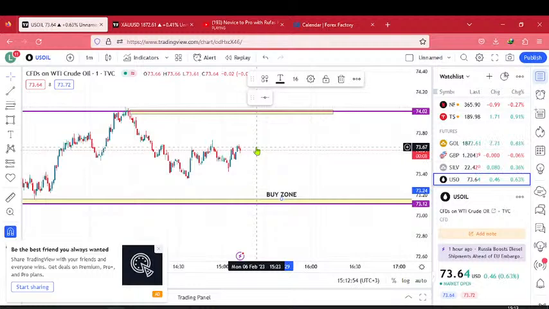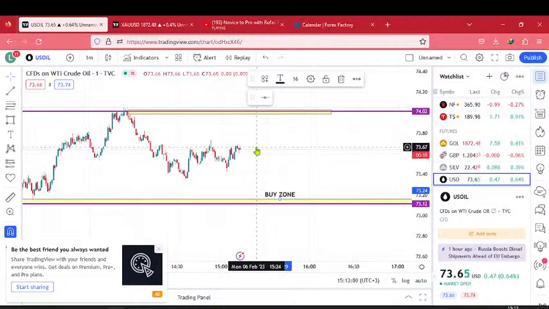So yes, you might find a trader who is telling you, I don't use stop loss, I always am successful, but it doesn't work. In the long run, if you don't use stop loss, you are guaranteed to lose all the money in your account, because you cannot always be on the right side of the market. Sometimes you get caught on the wrong side. And if you don't have a stop loss, the market will just ride your account balance down to zero.